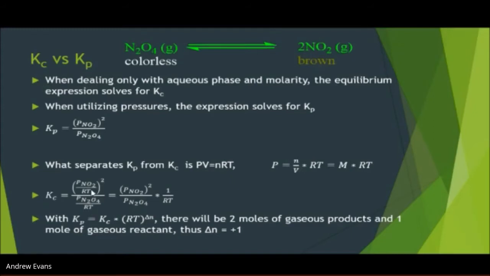So we have RT divided by RT, RT. So the net effect is 1 RT because the top half has 2, the bottom half has 1. In this case, since there are 2 moles of gaseous product and 1 mole of gaseous reactant, we would have a change of positive 1. But essentially, we're just doing it to both sides for as many molecules as we have.